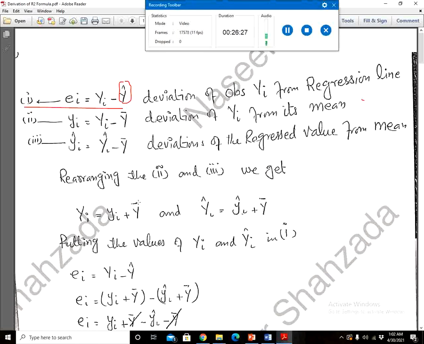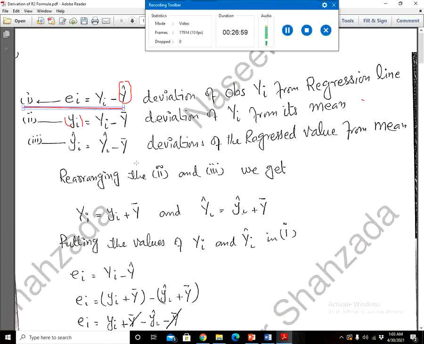Again, the second equation is small y_i. Look at this small y_i. There is a difference between capital Y_i and small y_i. Capital Y_i shows the actual observations, while small y_i shows deviation from the arithmetic mean.